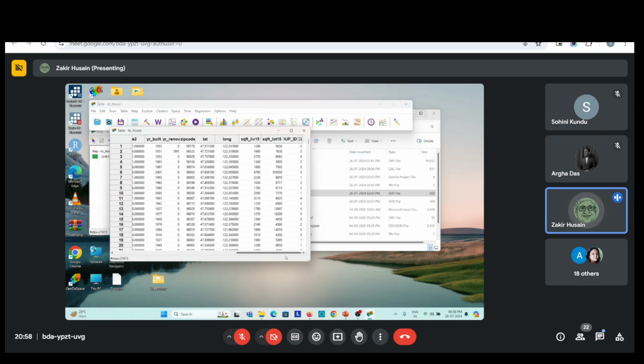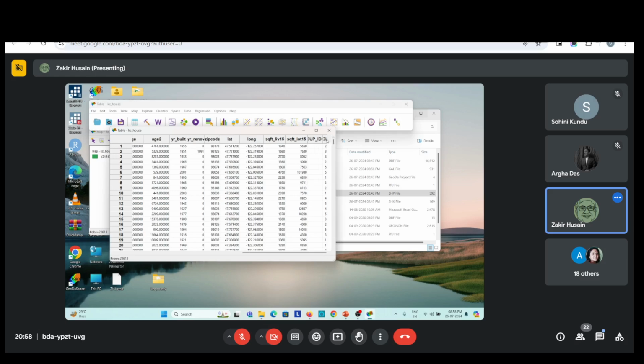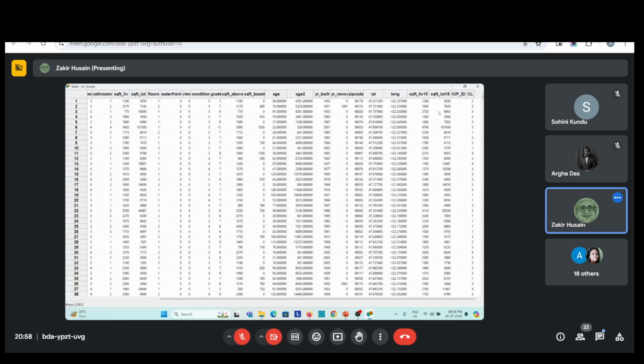So after we do the clustering, you can see the last variable. You have 5 clusters, 1, 2, 3, 4. So this, for instance, belongs to the first cluster. This belongs to the fourth cluster, and so on.